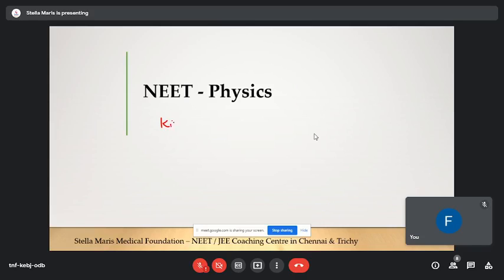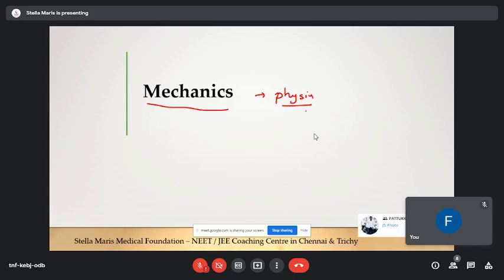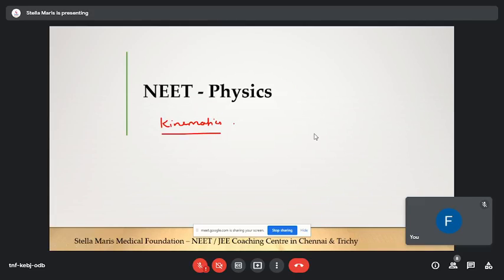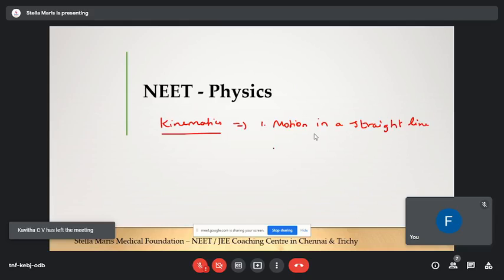So what is kinematics? Can anyone tell me what is kinematics? So there are Jayashri, Shruti, Vishwa, and Xavier. Do you have any idea about kinematics?